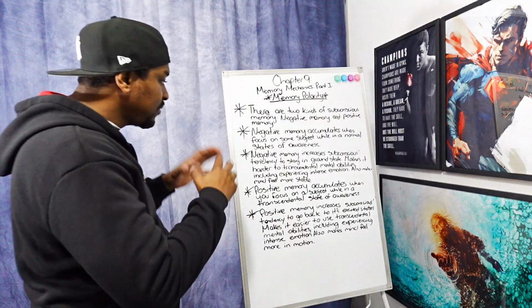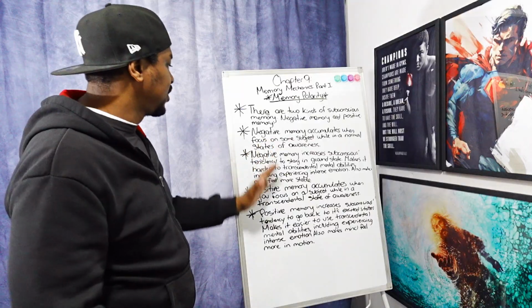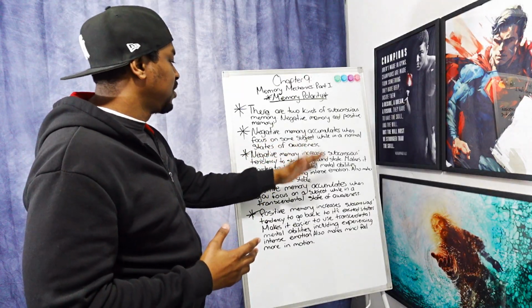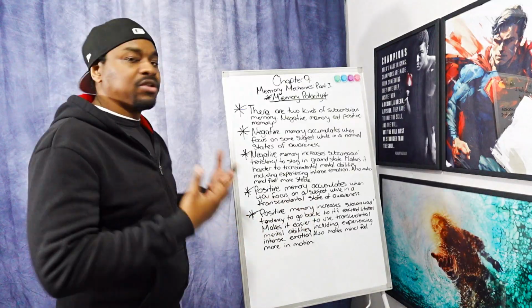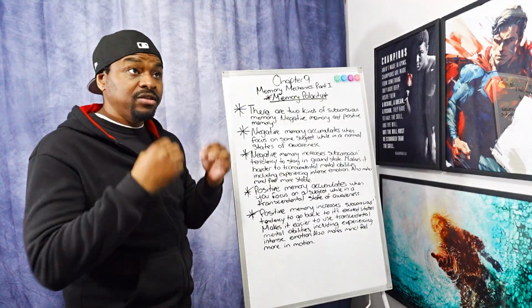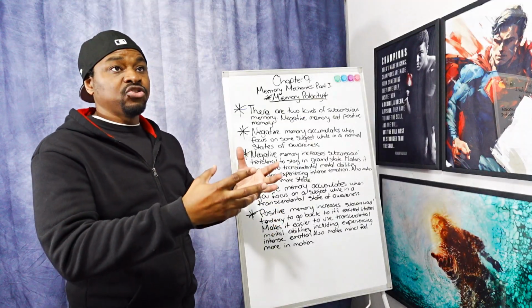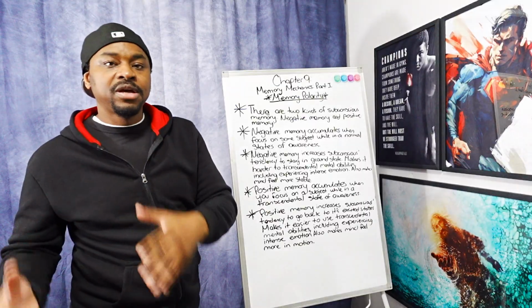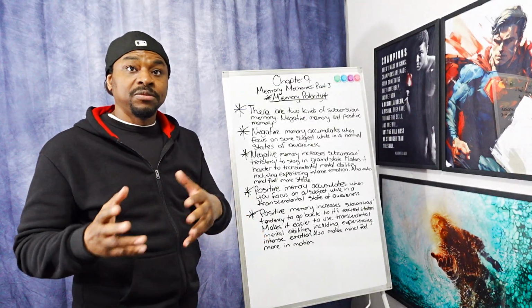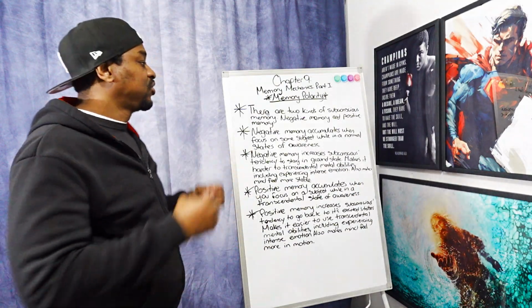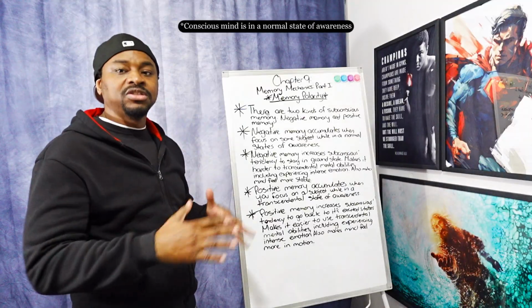Going over the next point: negative memory accumulates when you focus on a subject while in a normal state of awareness. In other words, if you focus on a subject while in a normal state of awareness and you store that experience in subconscious memory, then when you access that memory later, your subconscious is going to try to revert back to its ground state, so that you're in a normal state of awareness.